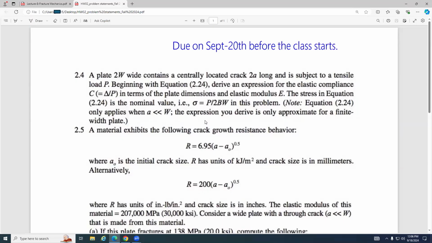So this is the energy release rate for this kind of configuration. And we also know that G equals sigma squared pi A divided by the Young's modulus.